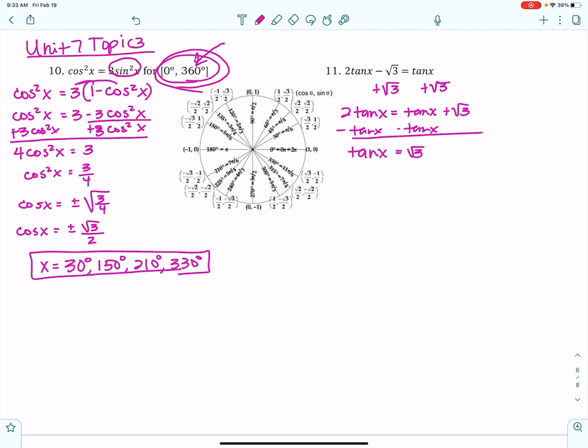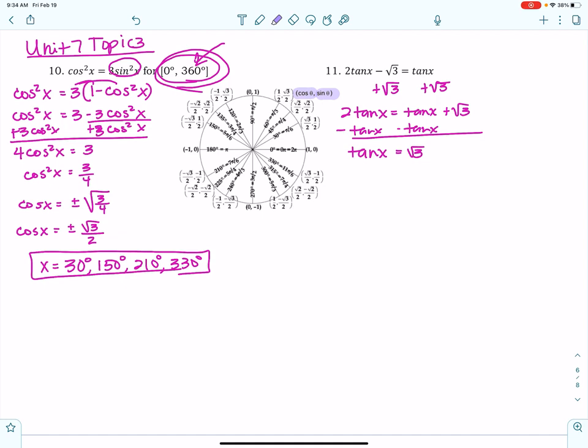All right, so where does tangent have radical 3 as its solution on the unit circle? Well, remember, tangent is sine divided by cosine. I'm sorry, I said that incorrectly, I think.